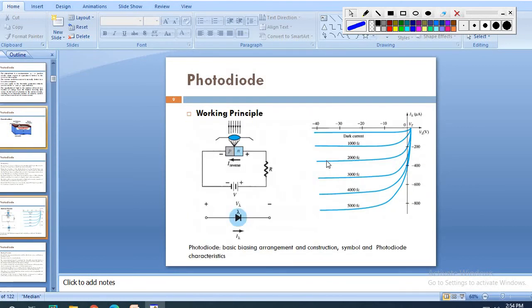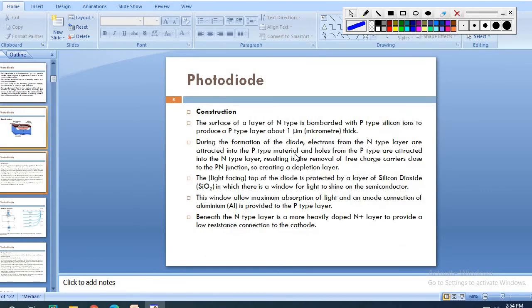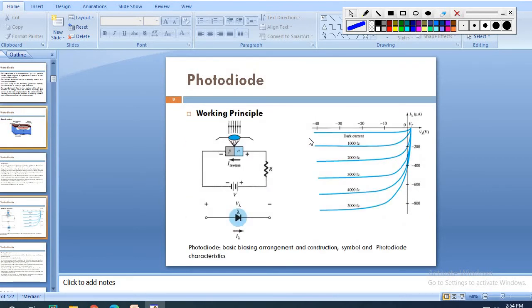Next we are moving towards the working principle of the photodiode. This is the diagram of the working principle of the photodiode. See there, it is a p-n junction diode.